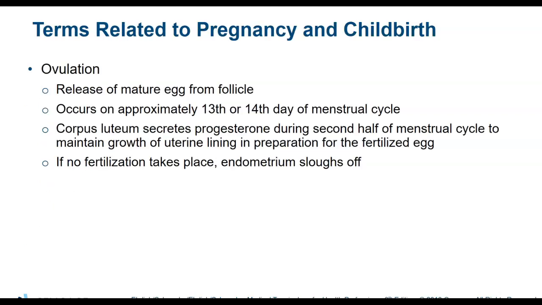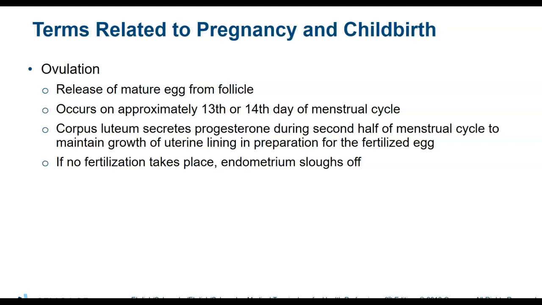Ovulation is the release of a mature egg from the follicle in the ovary. It occurs on the 13th or 14th day of the menstrual cycle. What happens then is that the corpus luteum secretes progesterone during the second half of the menstrual cycle to help maintain the growth of the uterine lining in preparation for a fertilized egg.